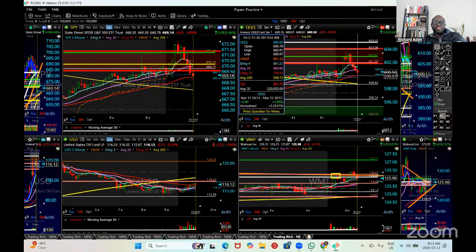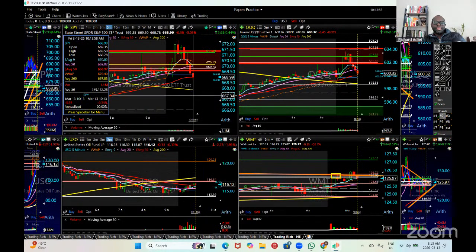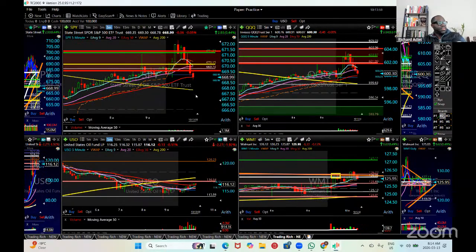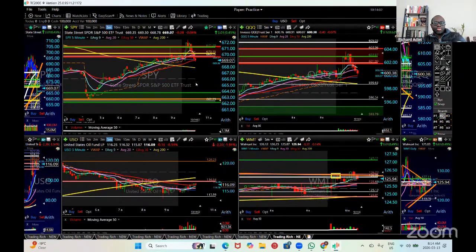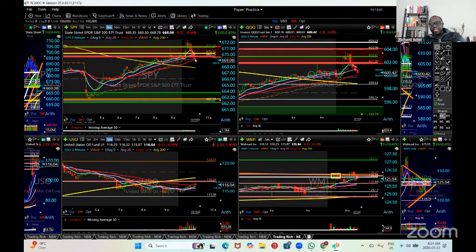This is above it, so this is a little bit stronger than SPY. Once this clears here, it's going to go down to this area, our next profit target. Then once it breaks the yellow line, it's full steam ahead, it's going to go all the way down.